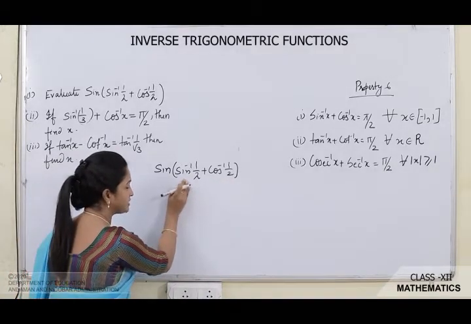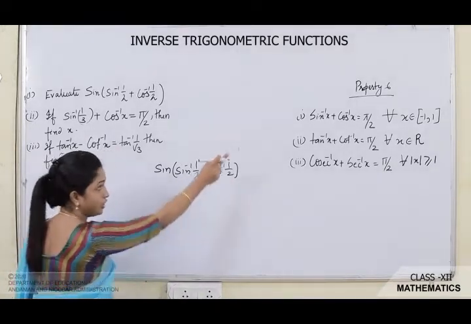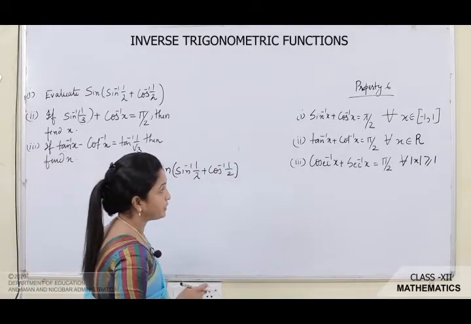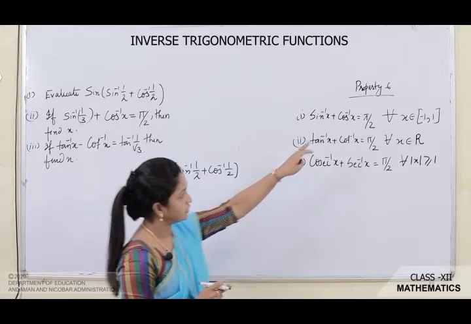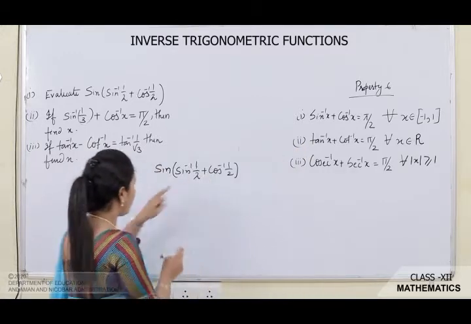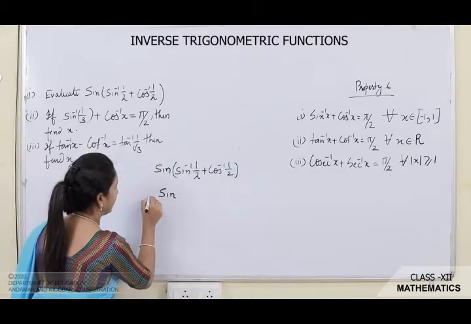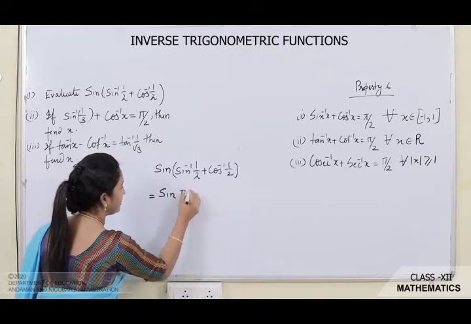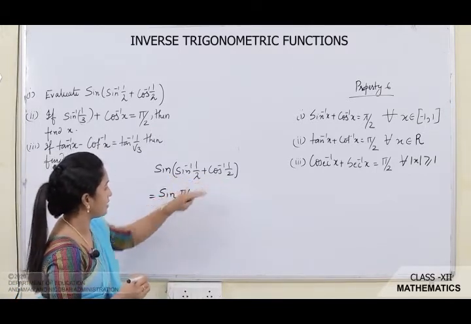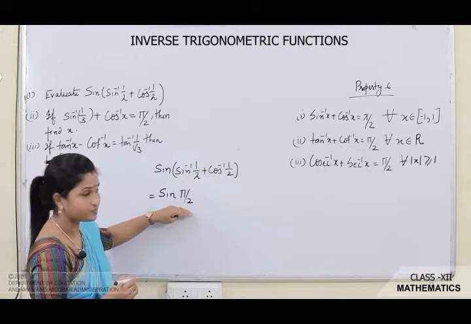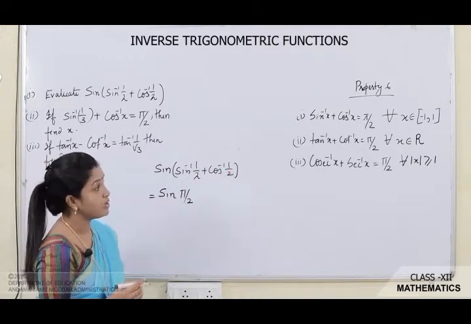When you see sin inverse half plus cos inverse half, you can connect it with the first property, that is we know that sin inverse x plus cos inverse x is equal to pi by 2. So we can write it down as sin pi by 2, because sin inverse half plus cos inverse half is nothing but pi by 2, and x also belongs to minus 1 to 1.